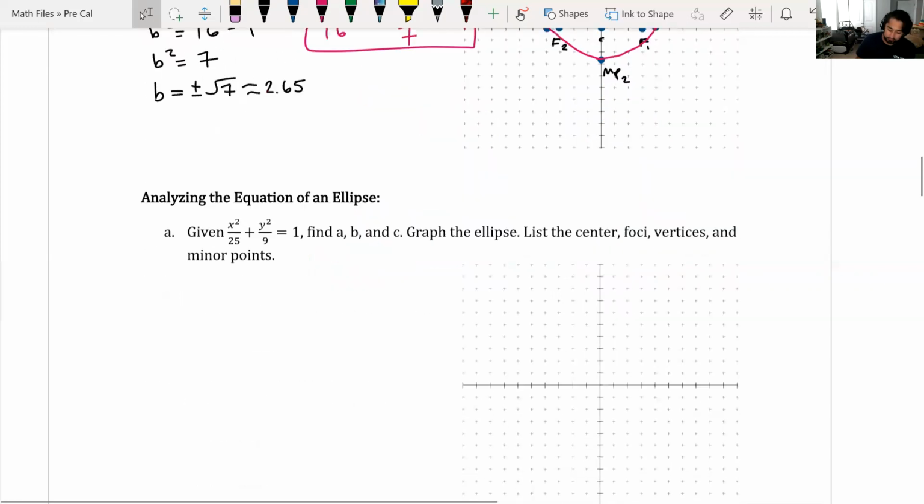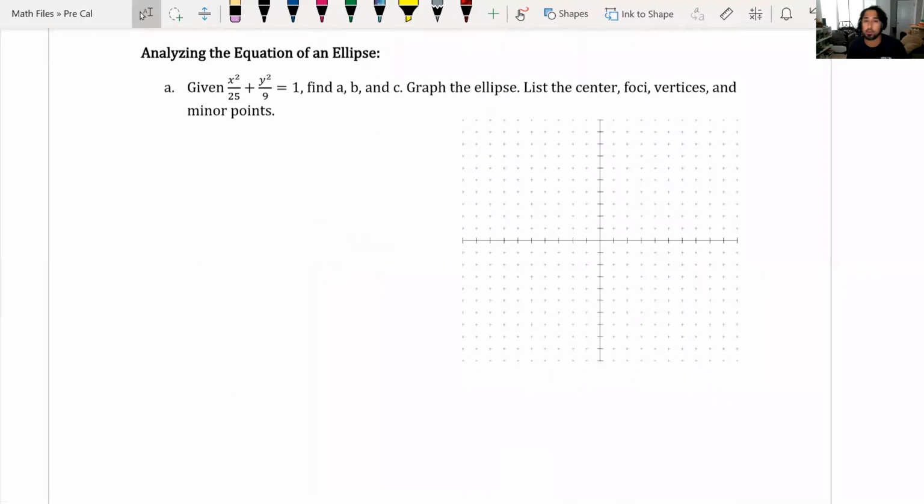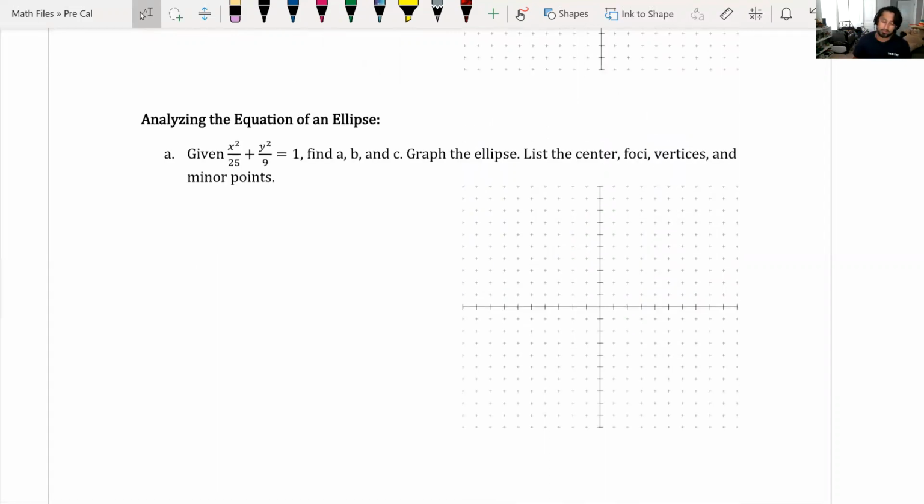Next. Now we are given the equation of the ellipse, and it says find the values of a, b, and c, and graph the ellipse. List the center, foci, vertices, and minor points. Well, since this is going to have a center at 0, 0, because that's all we know about ellipses right now, we'll put center at 0, 0.